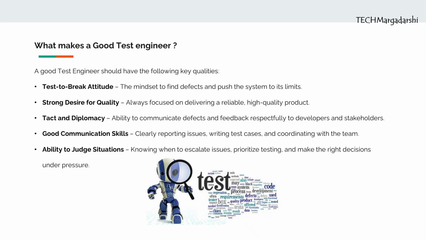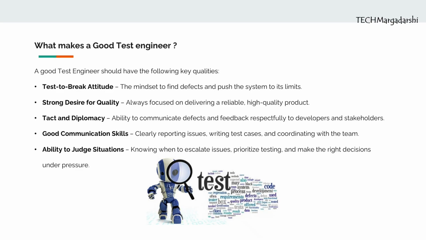Move on to the next question. What makes a good test engineer? A great tester isn't just someone who runs test cases, they have a special mindset and skill set. First, they have a test to break attitude. They don't just try to see if the software works, they try to make it fail and uncover hidden defects. Next, they have a strong desire for quality. They always aim to deliver a stable, user friendly, and bug free product.